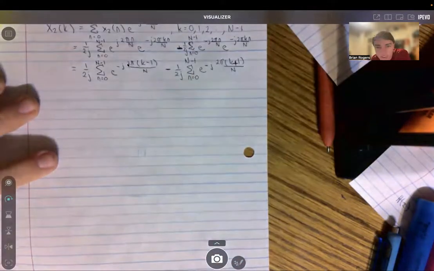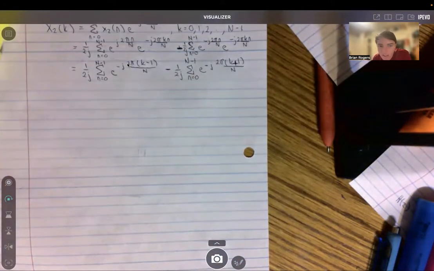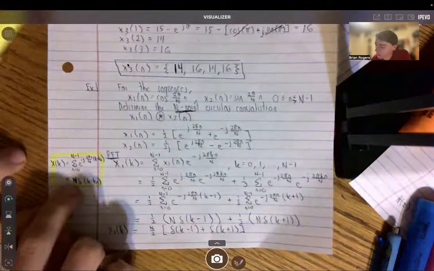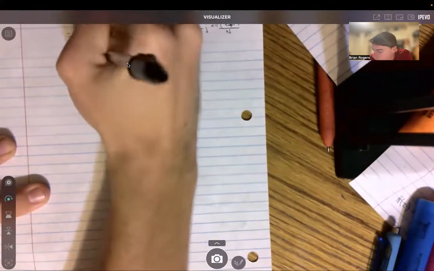Okay, now we got the two. What we have to do with this is, remember, this summation here can be written as N delta k minus k0. So this is going to be written as N delta k minus 1.